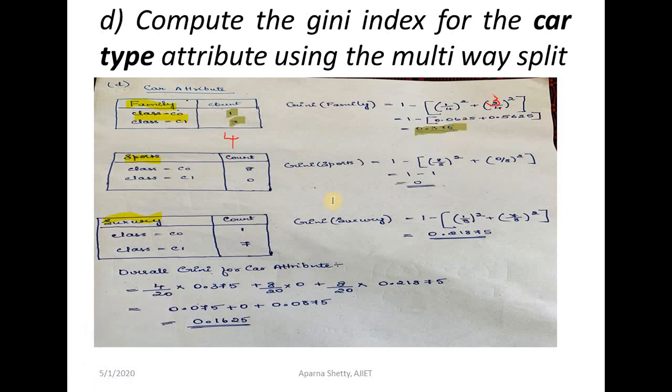Next, same way we have to calculate the Gini for sports car. We have to count the number of records that belong to class 0, as well as the number of records that belong to class 1.